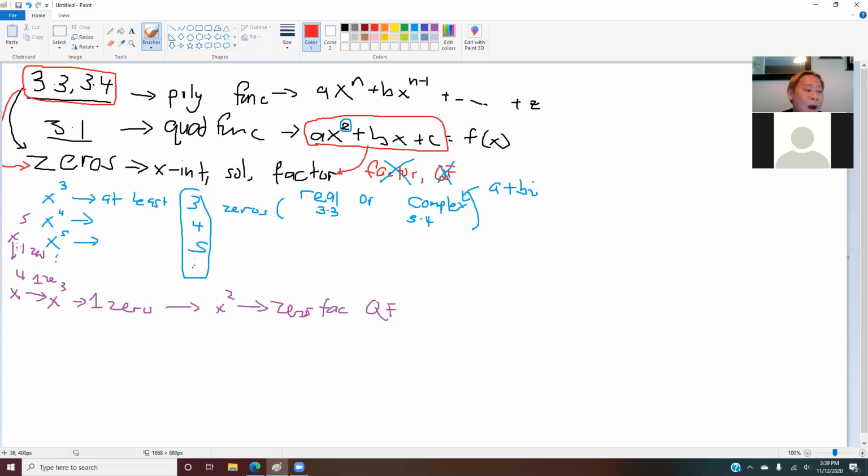So finding this 1 zero is painful. This red box that I drew here, this is a painful job. This is an easy job because we already learned how to factor and use the quadratic formula. But finding this zero is difficult.